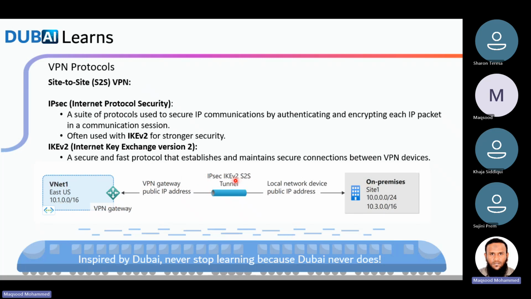So it's an IPsec IKEv2 site-to-site tunnel. These are the two protocols, IPsec and Internet Key Exchange version 2, IKEv2. It uses the combination of these protocols for establishing this tunnel between your on-prem network and the Azure cloud.